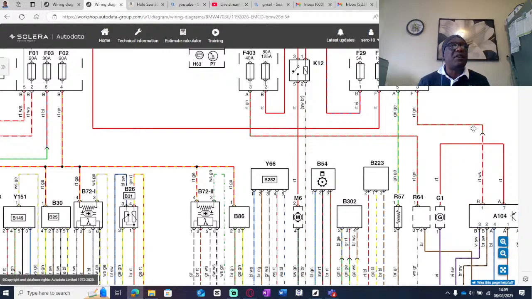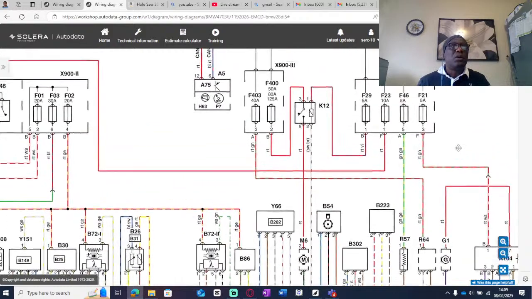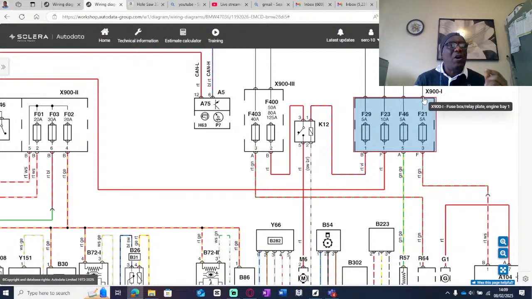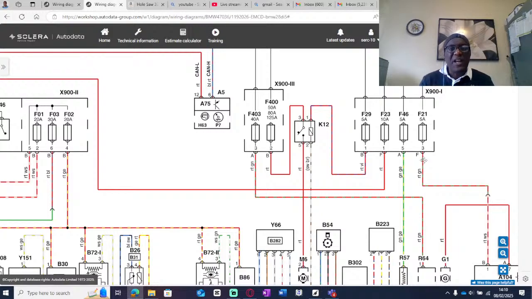This is just delivering power. This is a conduit, so that voltage can be passed on to the module here. So a fuse is powered only on one side. The next side is a receiver from the other side. So if the powering side is open, the receiving side will have nothing. So now, when you are using a power probe, which is the best way, to me, a power probe.